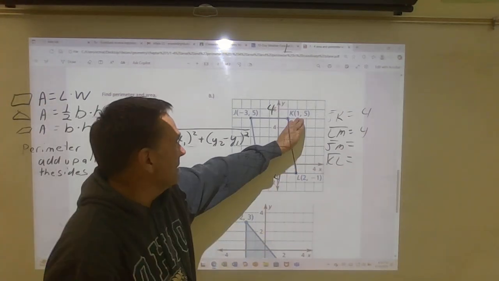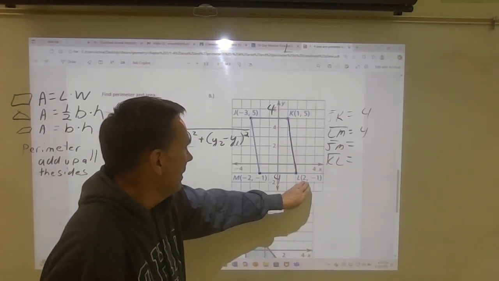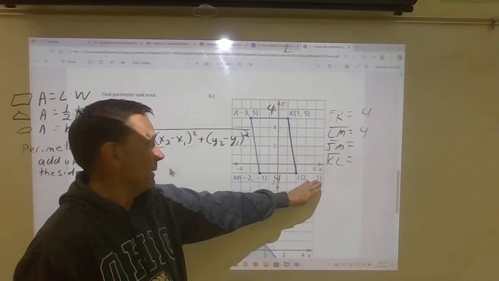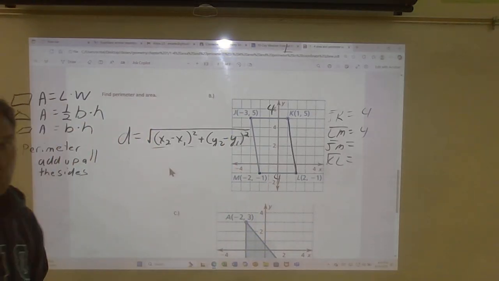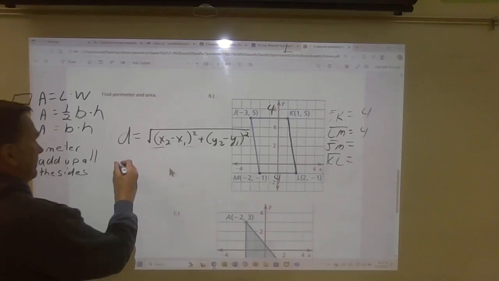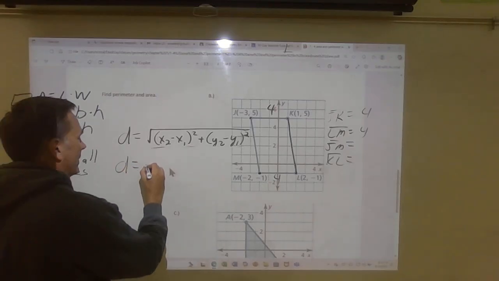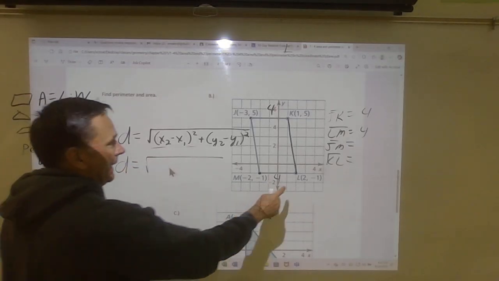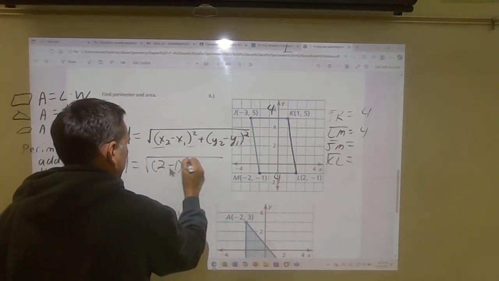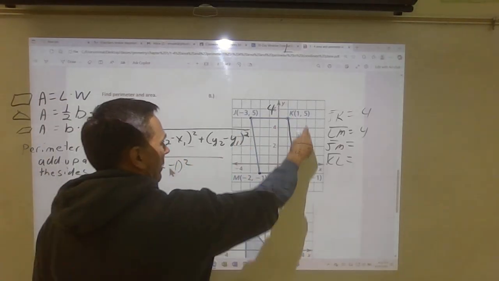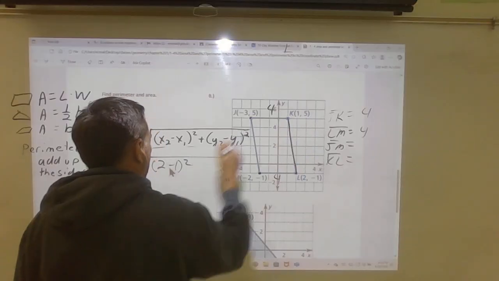I'm using this side because I see these 2 numbers are positive. Here, there's three negative numbers. I try to avoid negatives whenever possible. So my x values, I have 2 and 1. The y values, -1, -5.